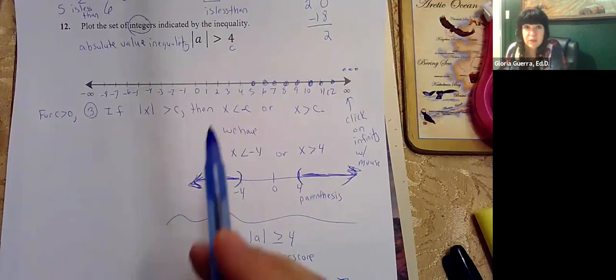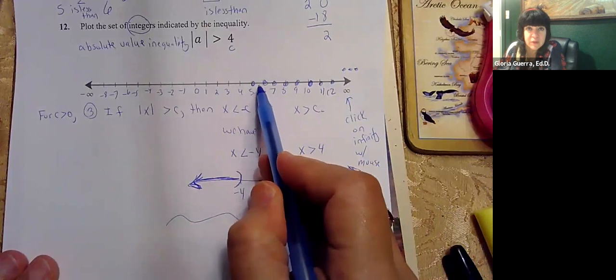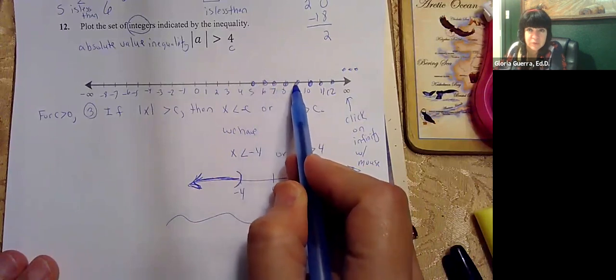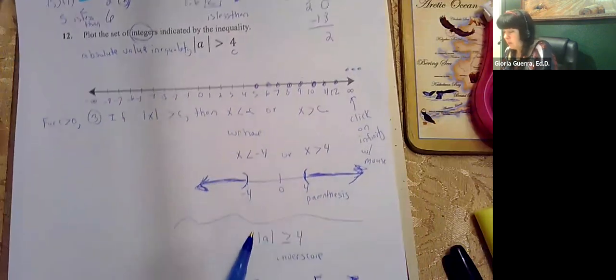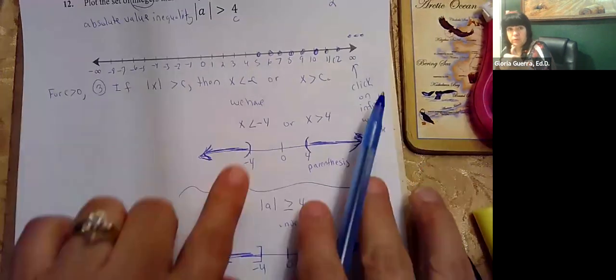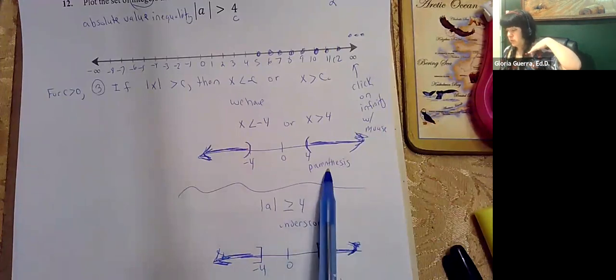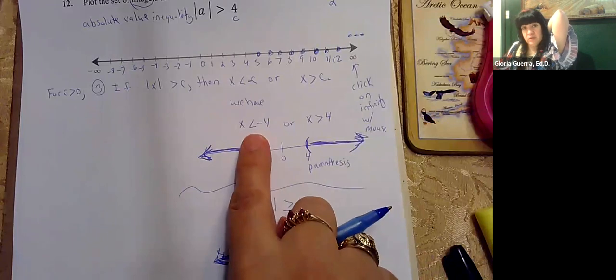When you shade everything in between, you're counting those little decimals and fractions, and we don't want that because the problem says just the integers. But it's still applicable that you're going opposite directions. This is parentheses, this is bracket. That's important. Now we need to go to the other side.